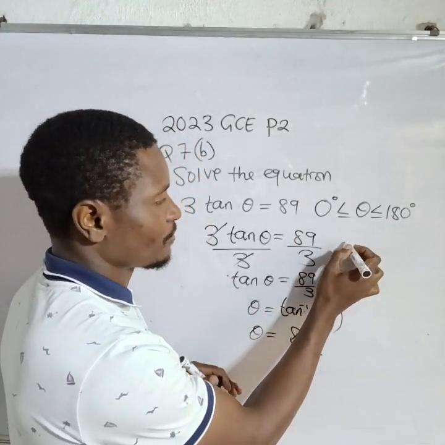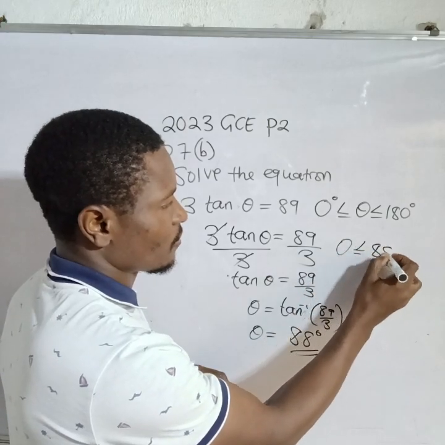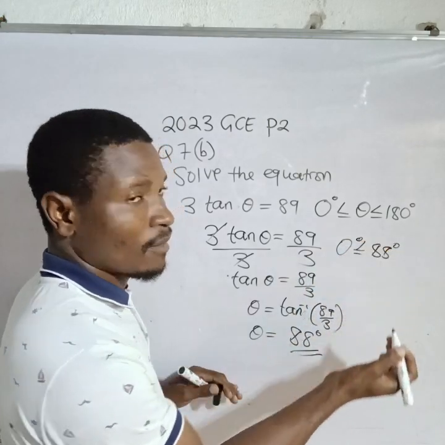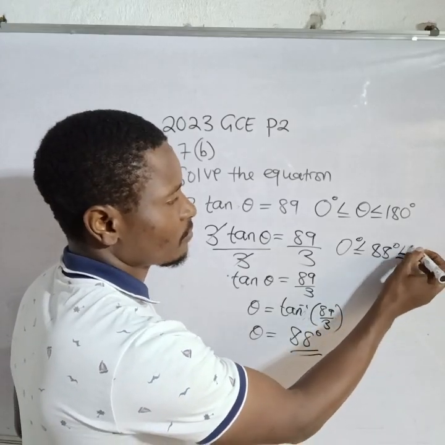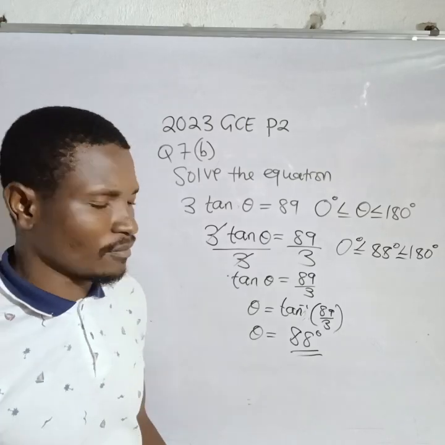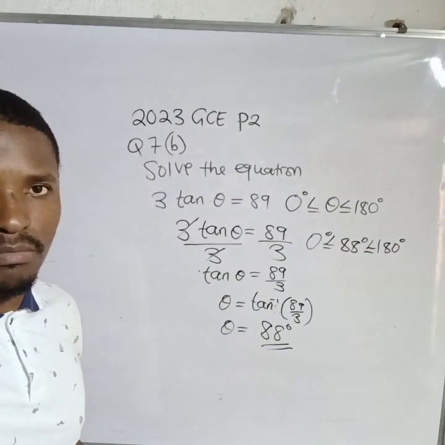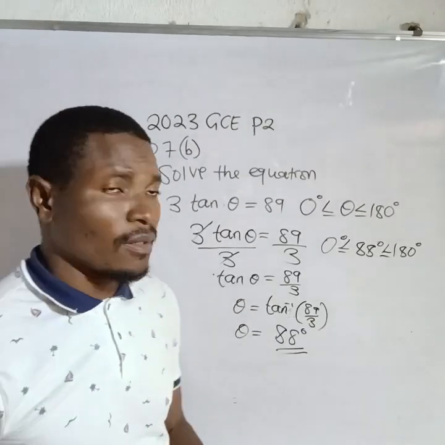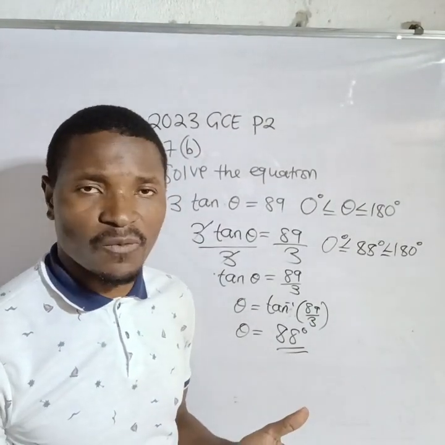So I'm going to say 0 is less than or equal to 88 degrees, less than or equal to 180.